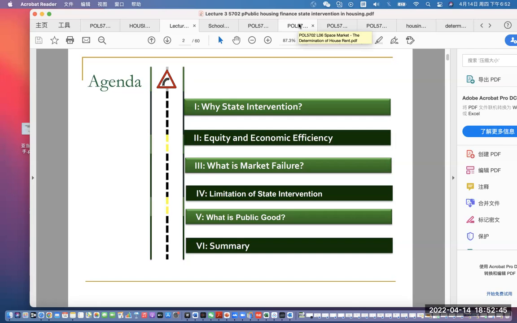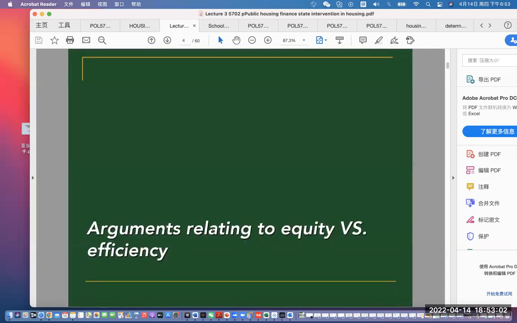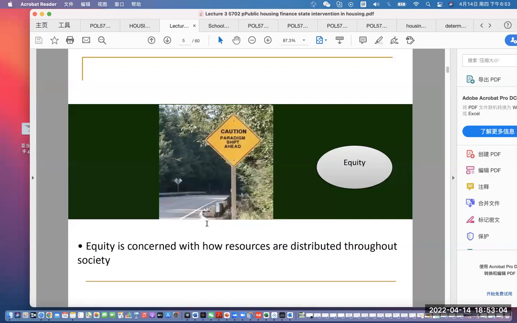To what extent does state intervention have limitations? What is a public good? And finally, a summary. So this one covers the economic justification, how and why state intervention becomes important.